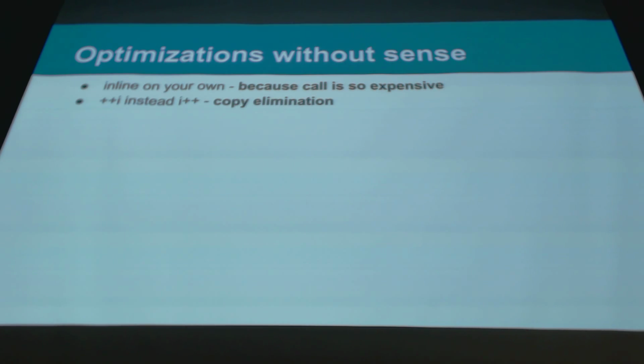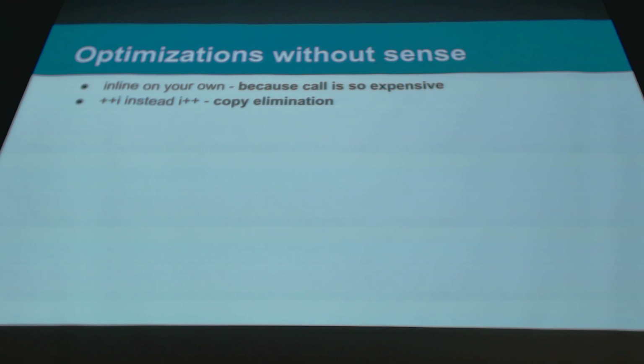Using ++i instead of i++. I heard stories like, yeah, you should use ++i instead of i++ because in the second case you are making a copy. Yeah, but compilers see that I'm making a copy and can just avoid making this copy. In cases like integers and iterators, it doesn't make any sense because most of the time the compiler can take a template, inline the thing, like if we have an iterator, and see that, okay, I'm making a copy of this thing, but I don't have to.